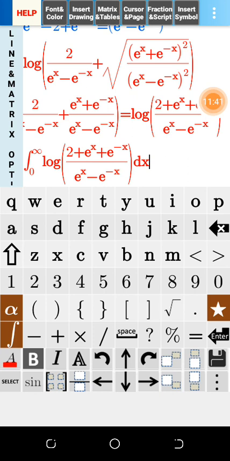Multiply the numerator by e^(-x) and multiply the denominator by e^(-x).